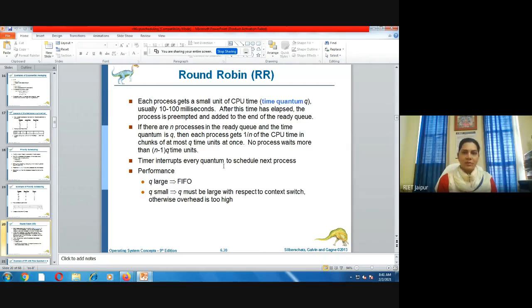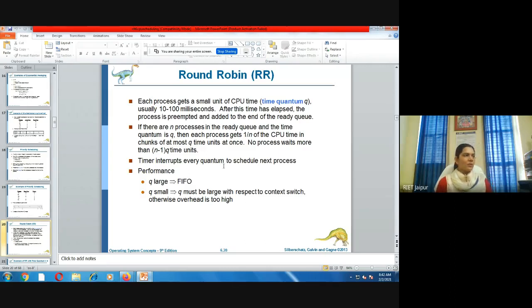This is called starvation. Aging is one solution for starvation. In terms of approach, round robin scheduling is one approach in which each and every process will get an equal share of the processor or the resources. So today we are going to discuss round robin CPU scheduling.